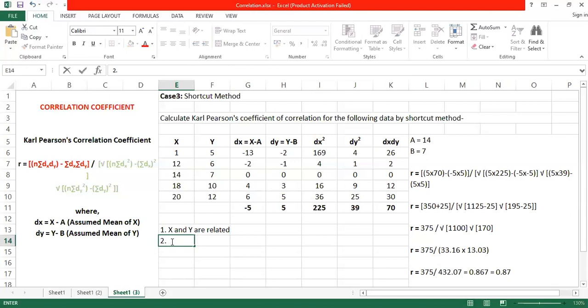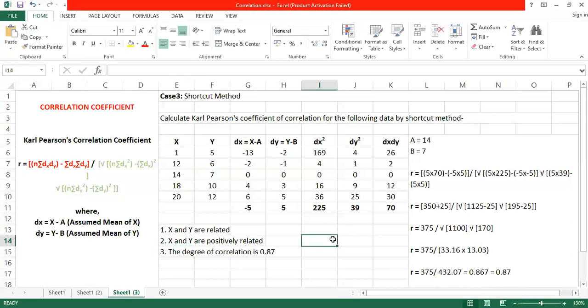Second, X and Y are positively related. See, the R has come with a positive sign, right? By default, it is positive. Third, the degree of correlation is 0.87, right? So with minimum calculation, we can apply the shortcut method to get to our result.